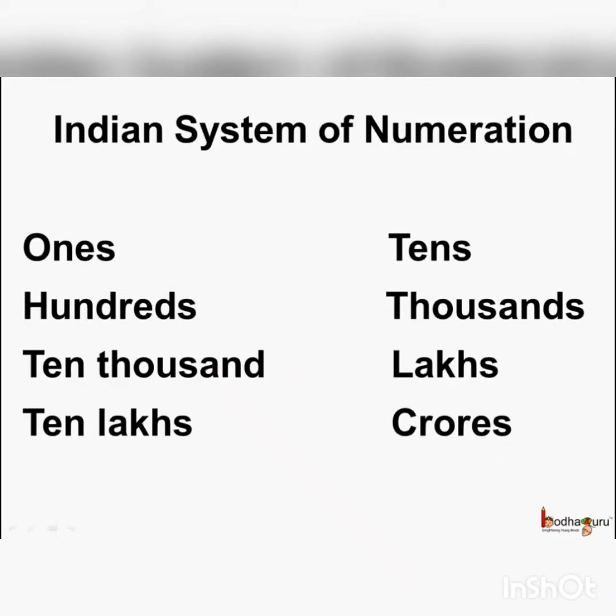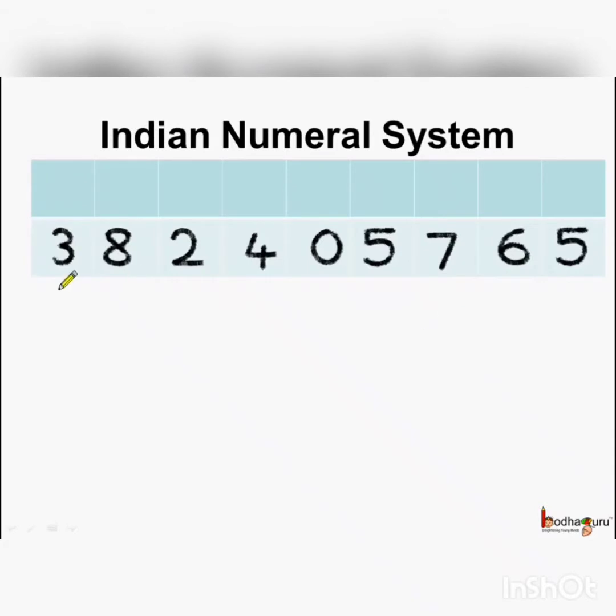So let us try to read this big number using the Indian numeral system. First, let us place it under the place value chart according to the Indian numeral system. Starting from the rightmost digit, we know it is the ones digit.